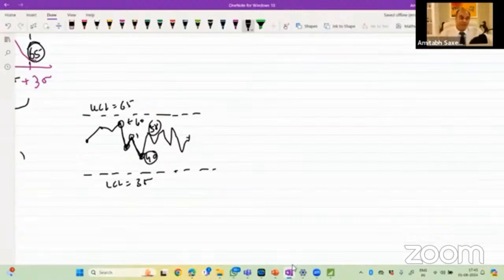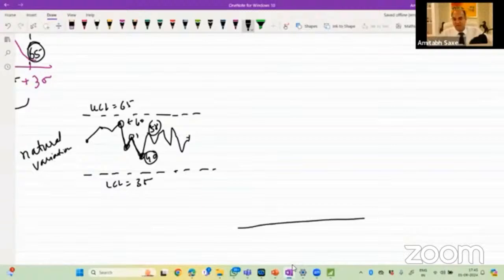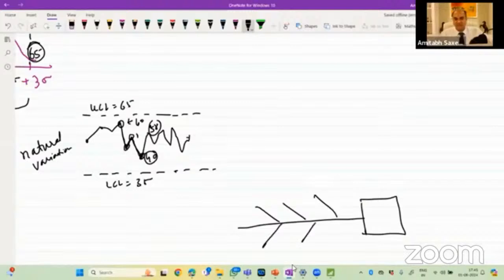Well, this is natural variation. Natural variation, or common cause variation. Common cause variation is coming from the causes, like a lot of causes are actually producing this variation. My recruitment time is dependent on a lot of X factors. We'll come to that as well.